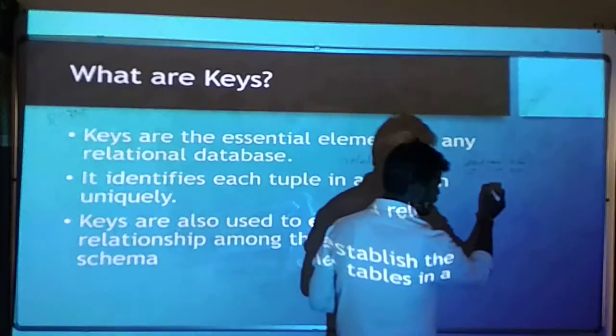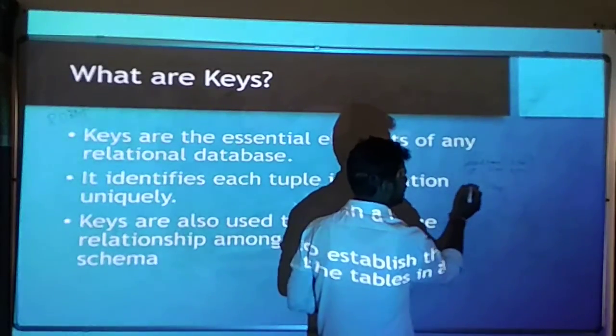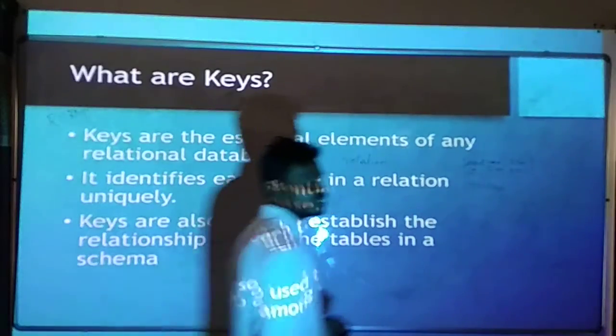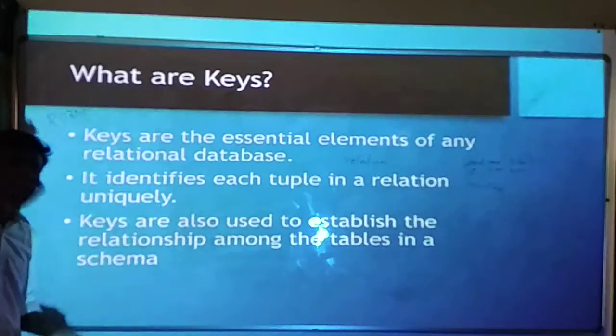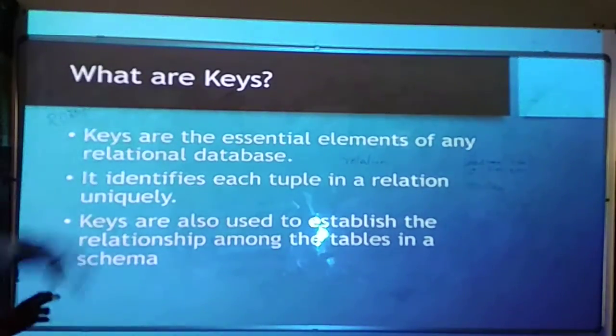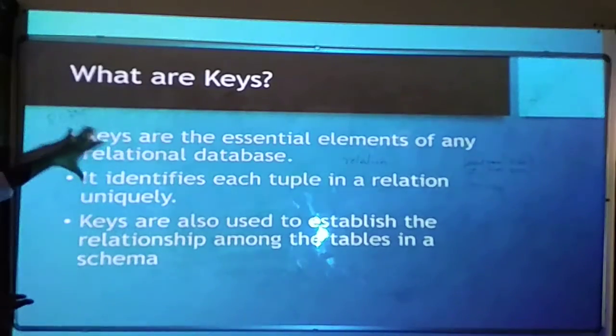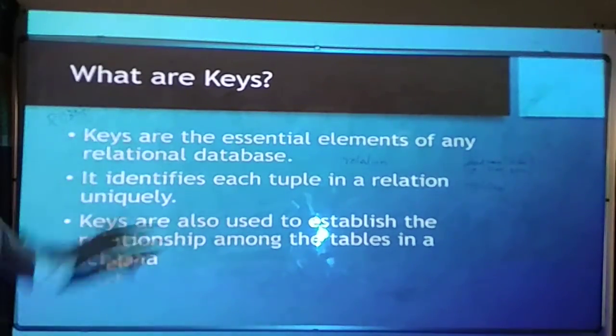Even if there is another Ram studying in another section, he will have a different roll number. So directly by using the hall ticket number, we can access that particular student's details without using any name. Such keys are used to retrieve the tuples of information about that particular student or that particular table.